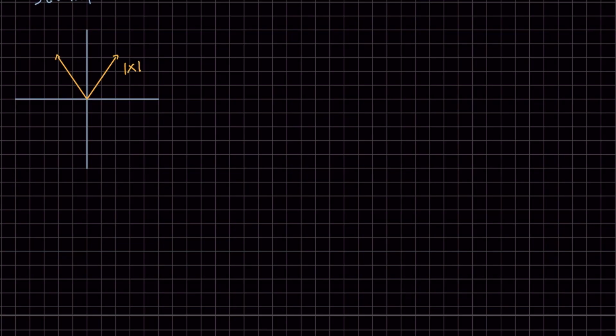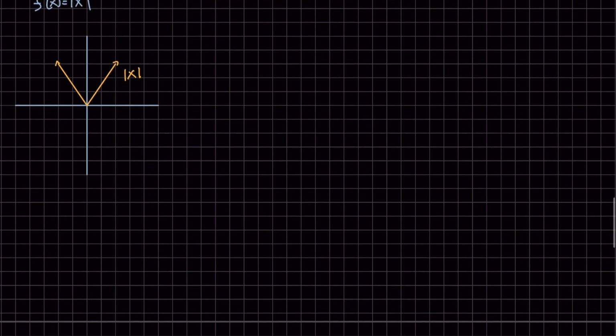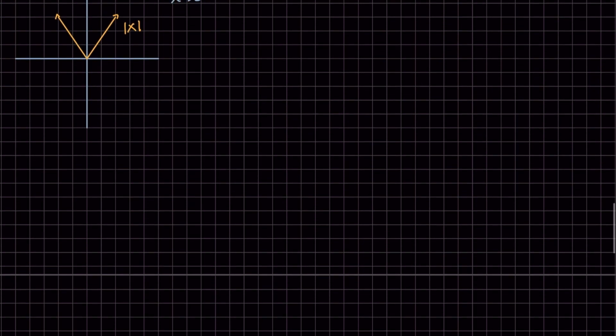Well, we really want to get this idea of a limit down. So what is the limit as x approaches 0 of the absolute value of x? The reason I chose 0 is because it looks a little funky, right? Absolute value of x is taking us to Funky Town.